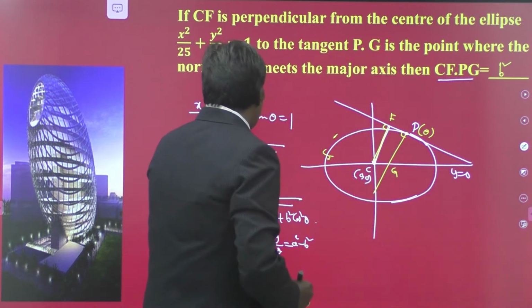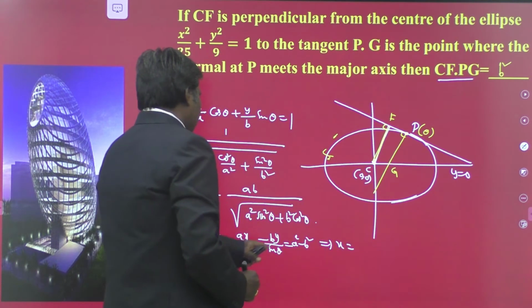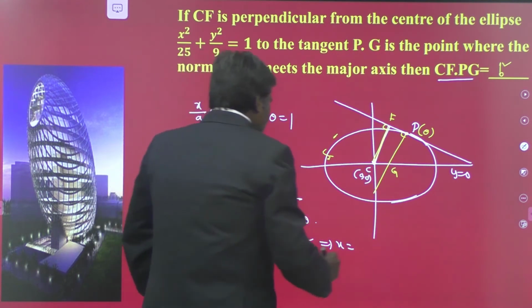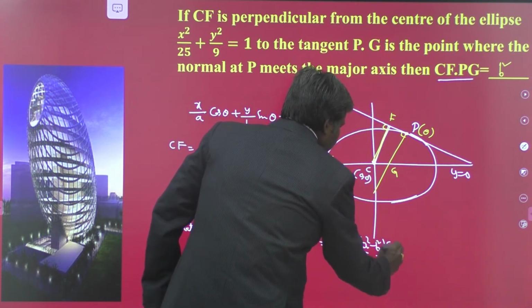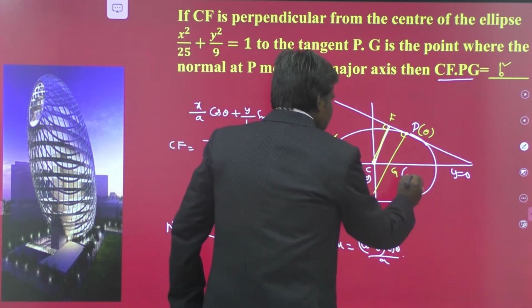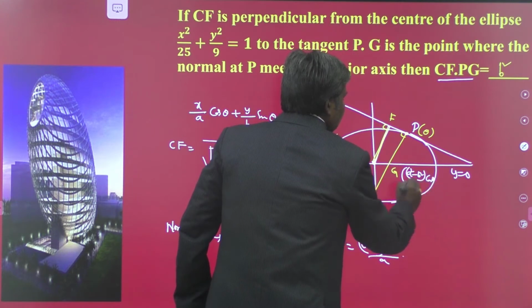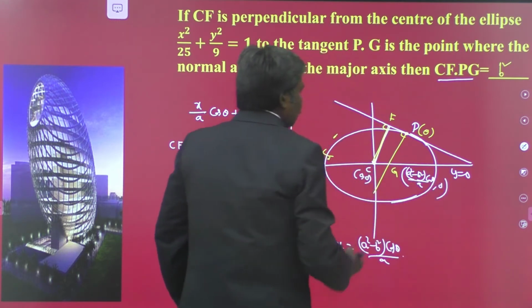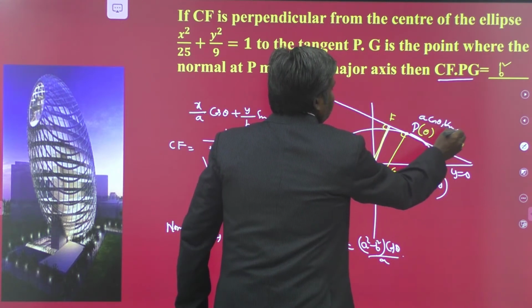Put y equal to 0 here. What about our x value? X is equal to A square minus B square into cos theta by A. So the coordinates of G are A square minus B square into cos theta by A comma 0. And P is A cos theta comma B sin theta.